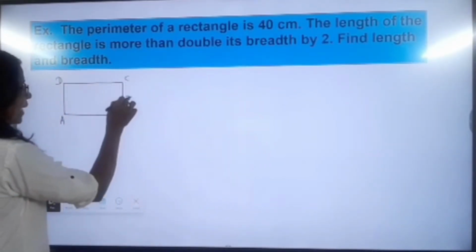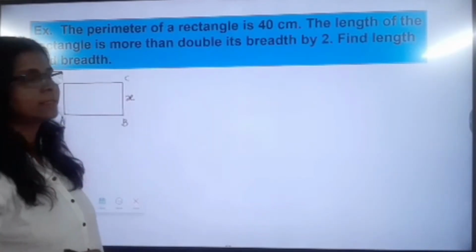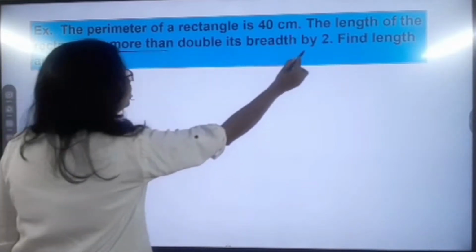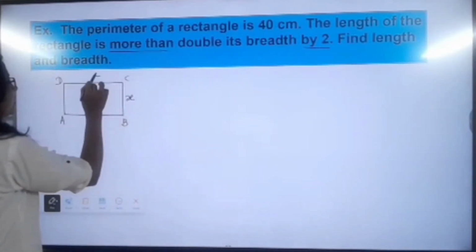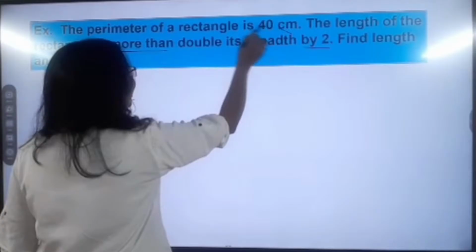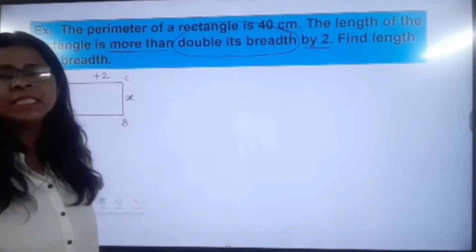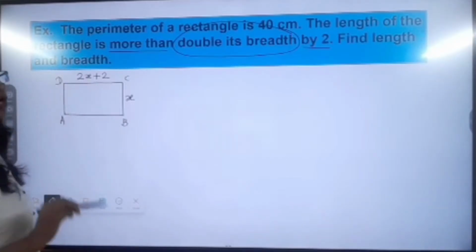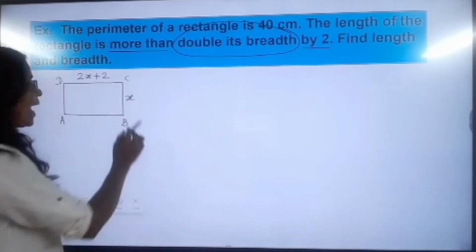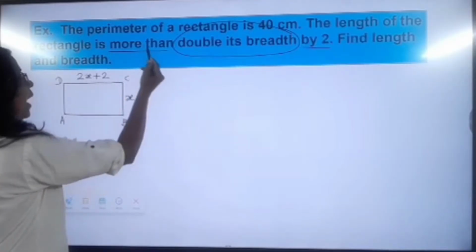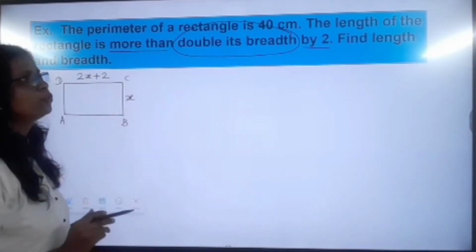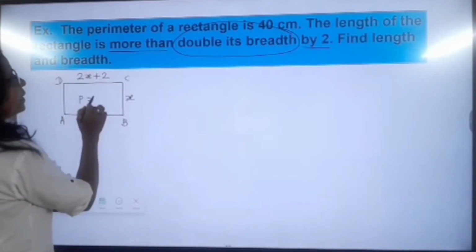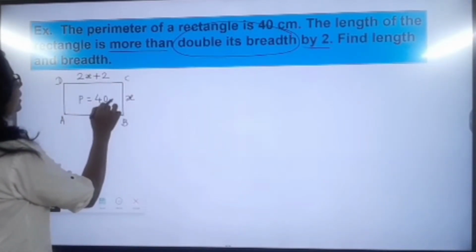That means, students, I consider here breadth as x, and then the length becomes more than 2, that means plus 2, and double its breadth means 2x. Because we consider the breadth x, and double of it means 2x, and more than 2 means 2x plus 2. And here it is given that perimeter is equal to 40 centimeter.